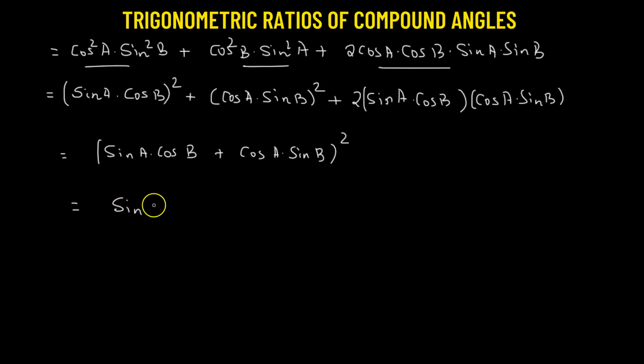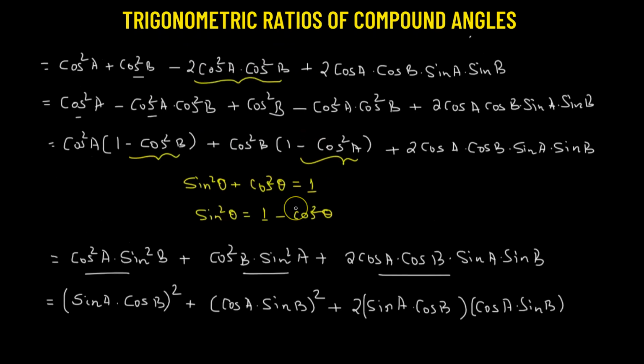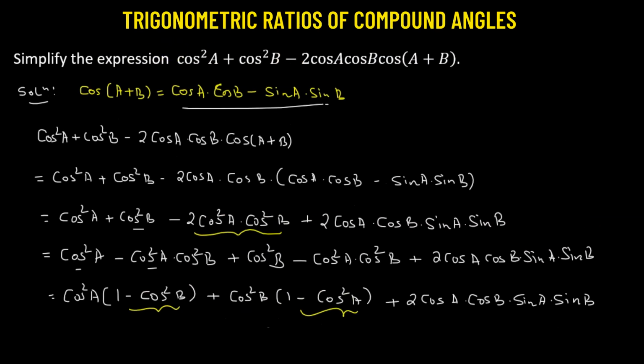That's nothing but sine of the compound angle A plus B. And we're also squaring it, so we have sine squared of A plus B. So this is the simplified value of the given expression. We started out with cosine squared A plus cosine squared B minus 2 times cosine A cosine B times cosine of A plus B, and this came out to be equals to sine squared of A plus B. Right. So this was the final answer.